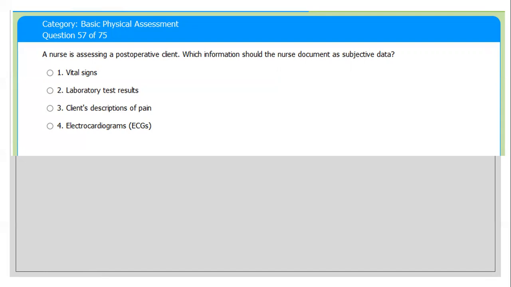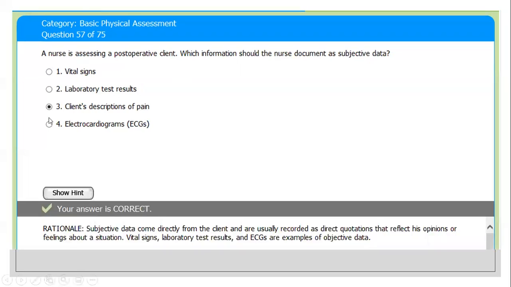Whereas the objective data are observable and measurable data, signs obtained through observation, physical examination, or laboratory or diagnostic tests. So the correct answer is the client's description of pain. You do not measure the pain.